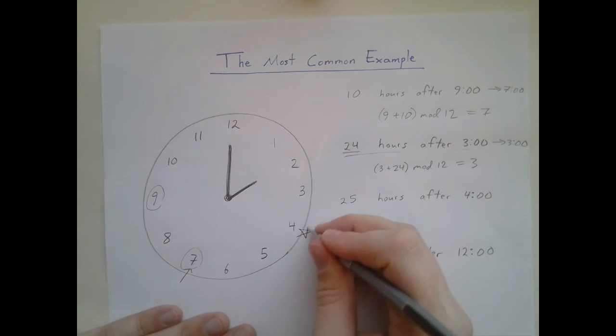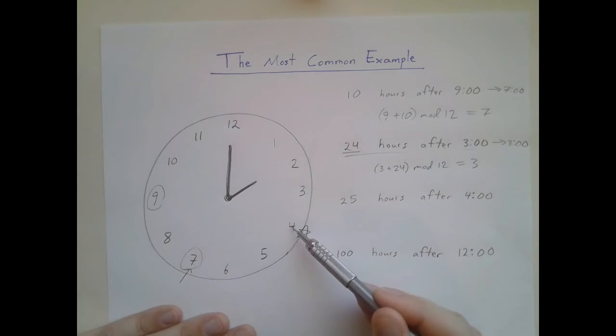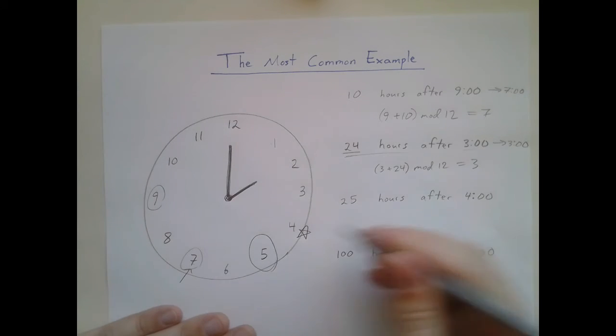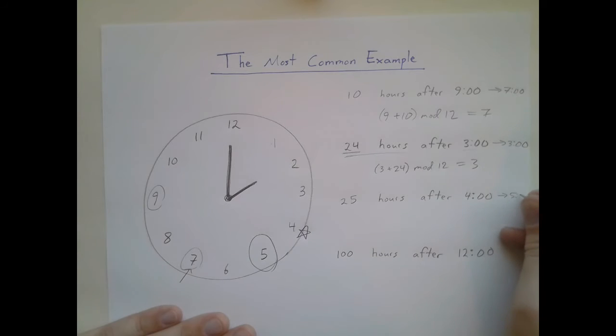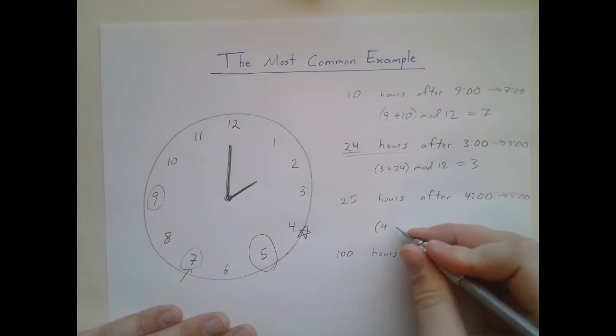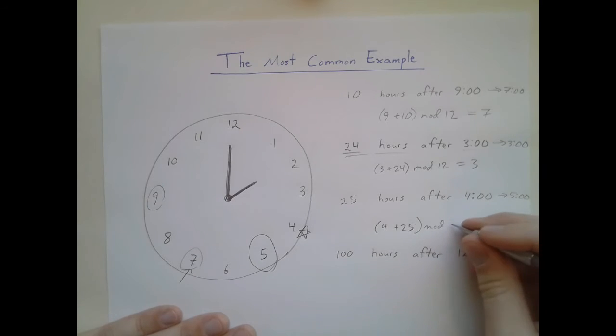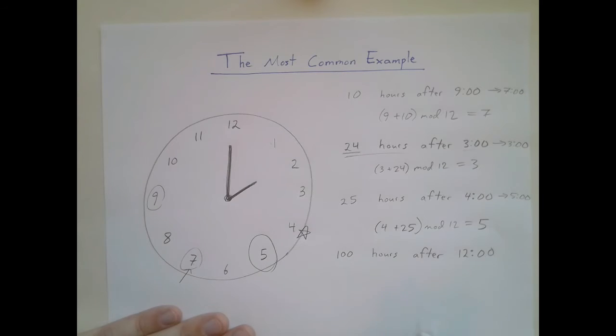If you start at 4, you go 12 hours, 24 hours, 1 more hour, you'd be at 5 o'clock. And if you want, you can pause and try to write it like this. And I'll tell you what it is now. It is 4 plus 25 modulo 12 is 5. This one, I'm just going to leave for you to do on your own.